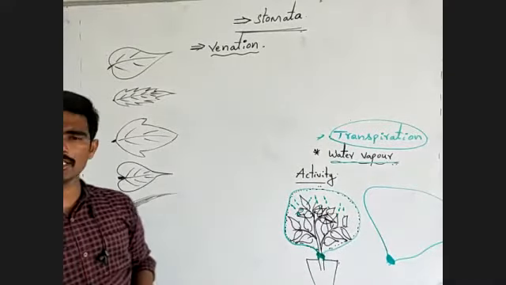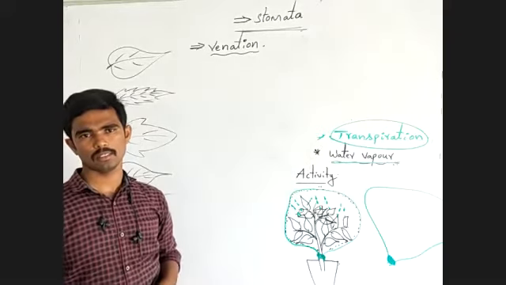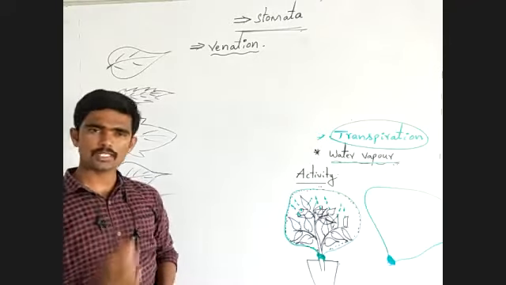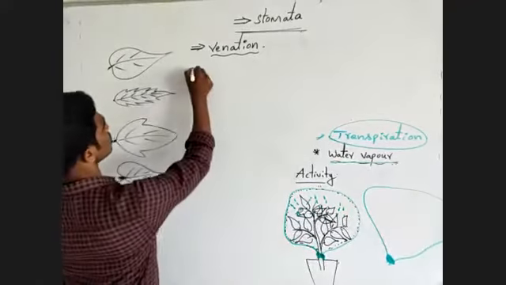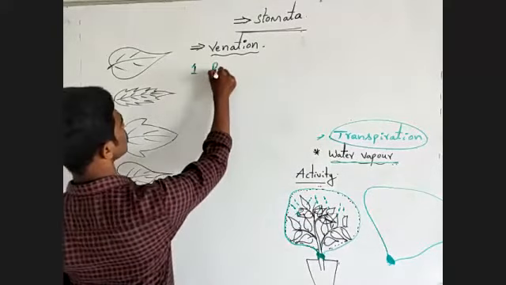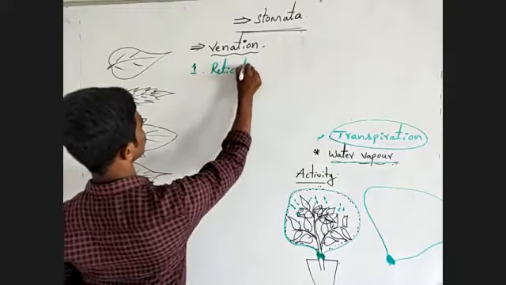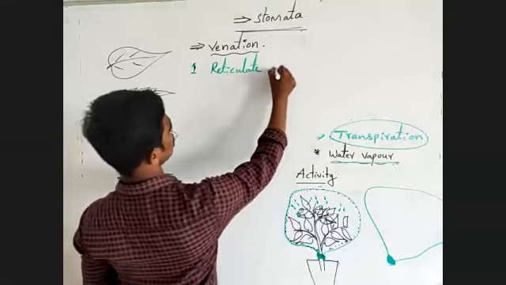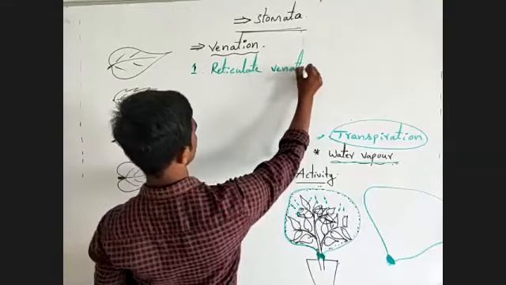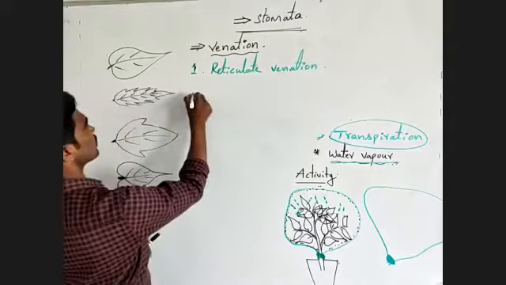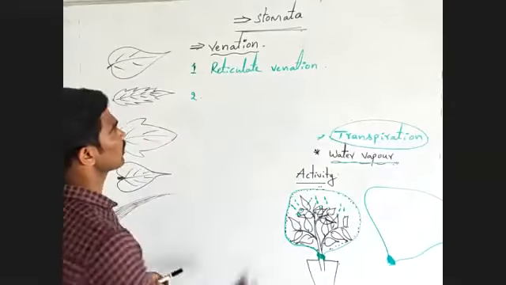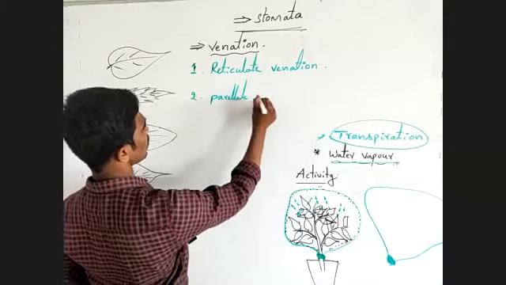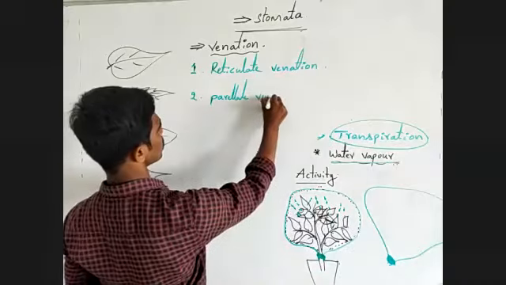How many types of venation are present in plants? There are two main types of venation. What are these two? First one is reticulate venation. Second one is parallel venation.